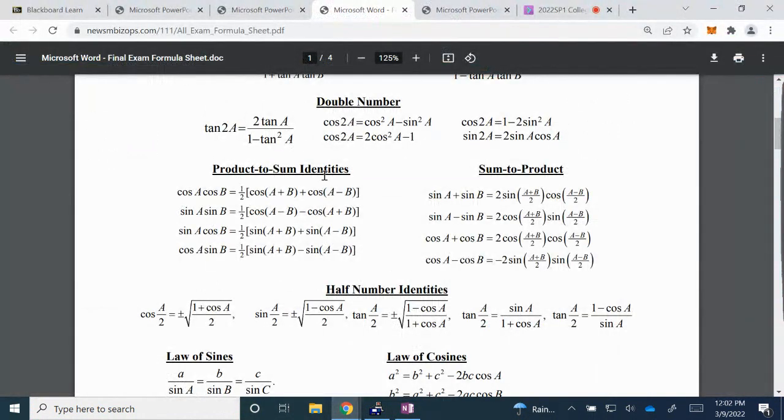All right, so looking at the product sum formulas, I see that the very second formula is a sine A times the sine B. All right, so that formula says sine A times sine B is 1/2 cosine A minus B minus cosine A plus B.